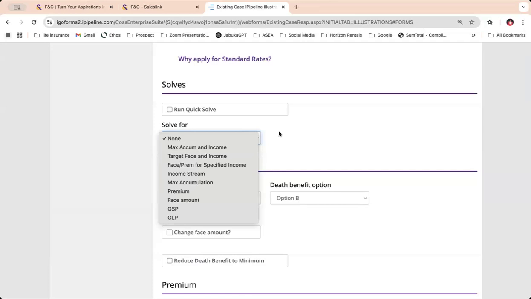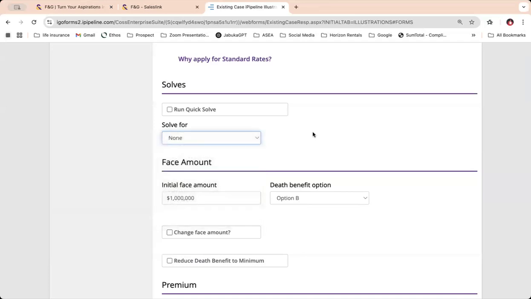Where's that noise coming from? Go down where? No. You can get out of solve. You leave it to none. Okay. I think the noise is coming from you, Dr. Mputu, right? No, I don't have noise. It's very quiet where I am. Can you guys hear that noise? Just me.